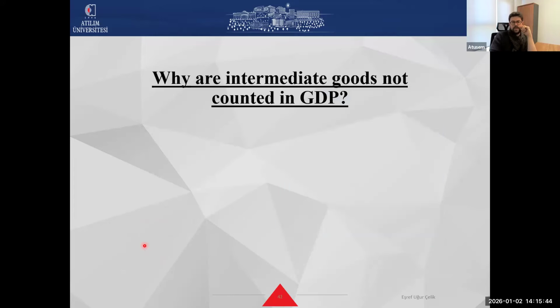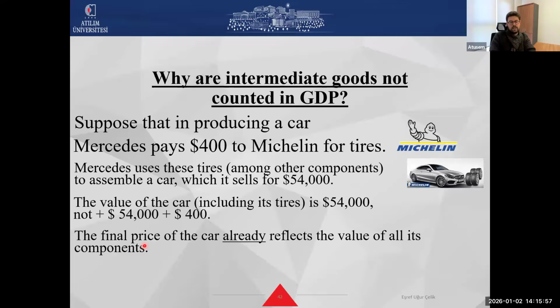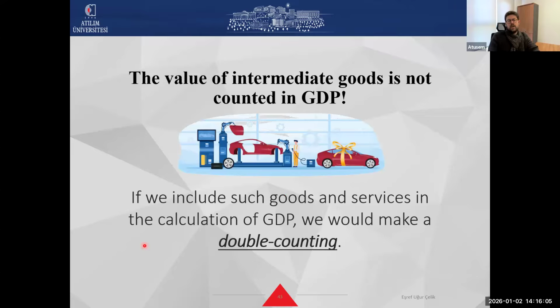And we cannot count intermediate goods in the calculation of GDP because we already calculated them. I'm not going to look at that example. If you want, you can read it. What if we count intermediate goods in the calculation of GDP?